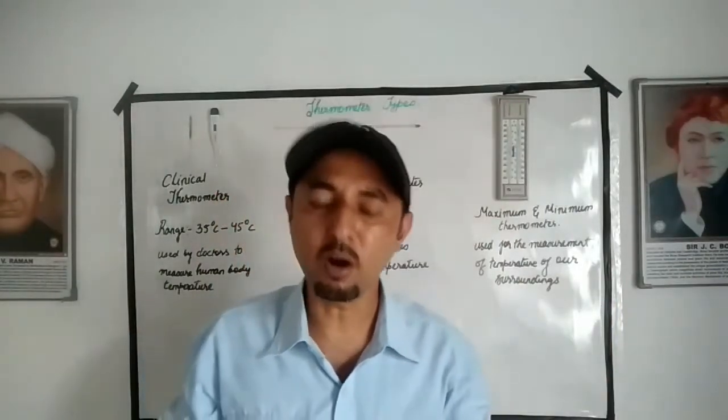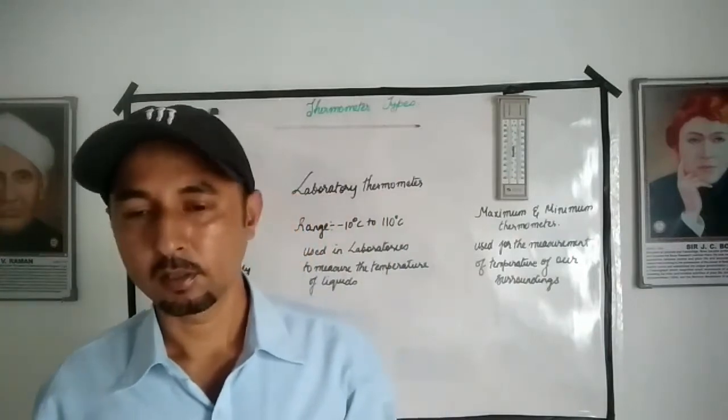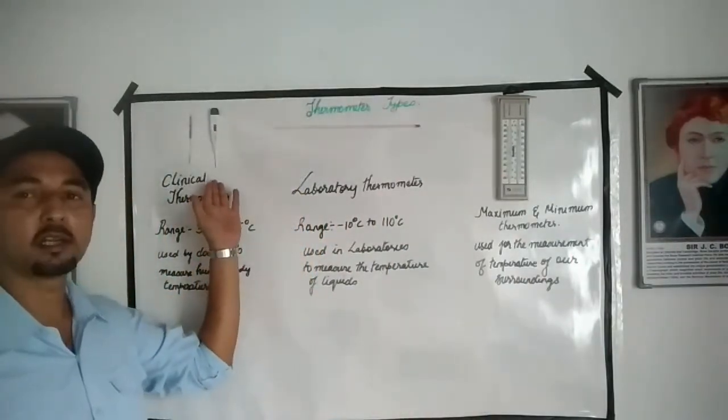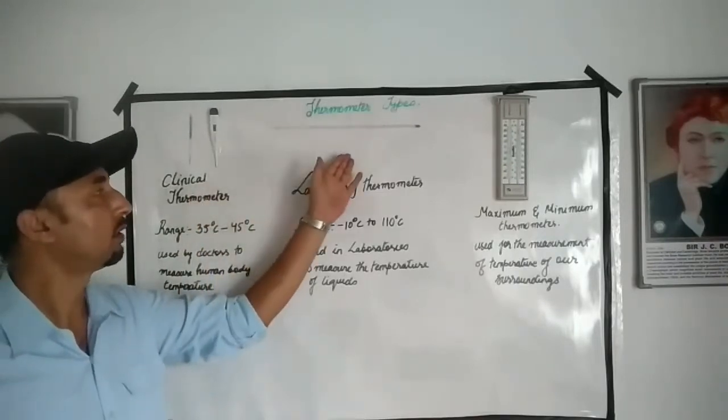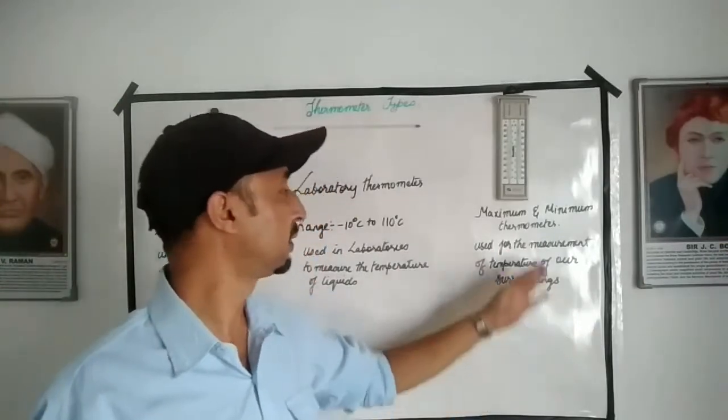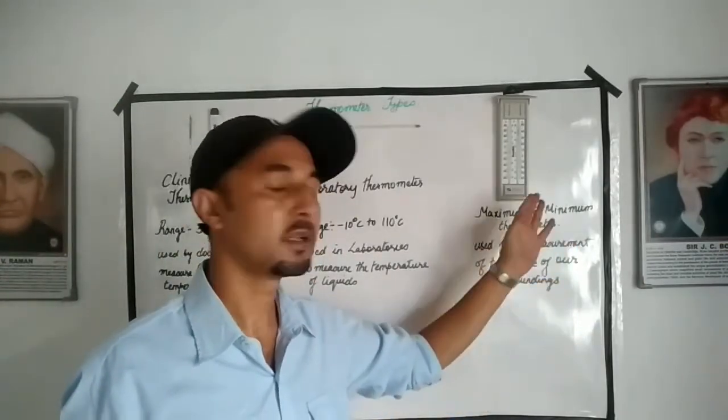If I am feeling hot today, I cannot measure the temperature with the help of clinical thermometer or laboratory thermometer. For that, I have to use a maximum and minimum thermometer.